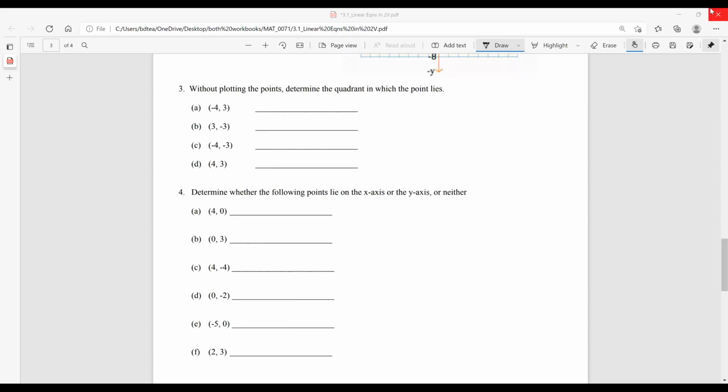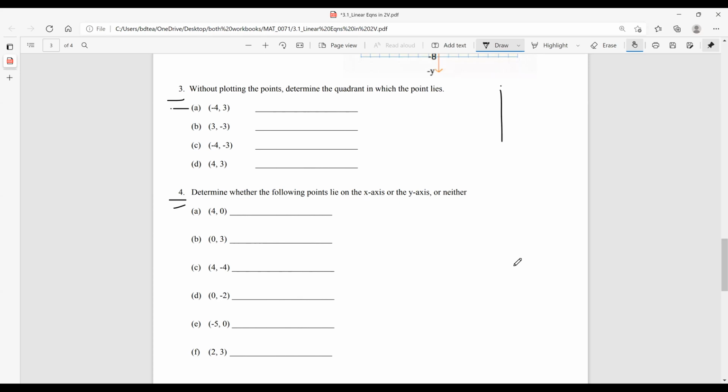The next 2 exercises: number 3 is, without plotting the points, determine the quadrant. And number 4 is determine whether the following points lie on the x-axis, y-axis, or neither. So it's just an exercise so you can visualize where the points are without even plotting them.